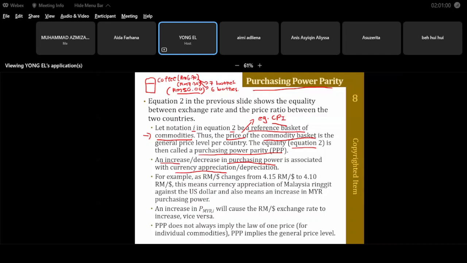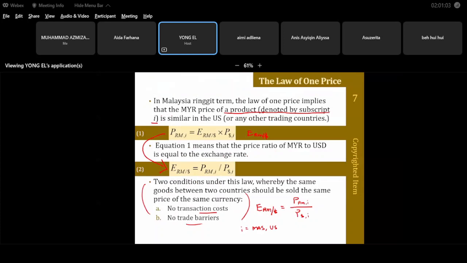For example, let me refer to these ratios again. In what situations will the purchasing power of Malaysian ringgit increase? That is the question you have to ask in the first place.